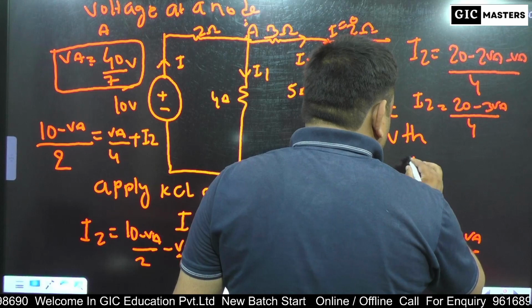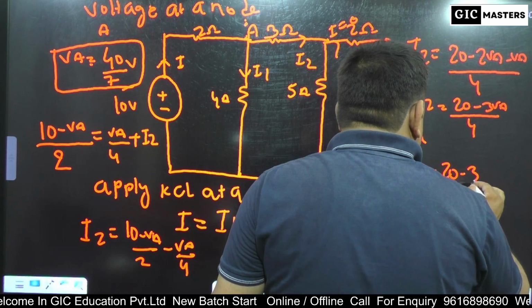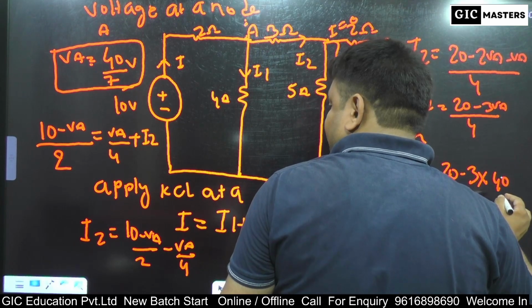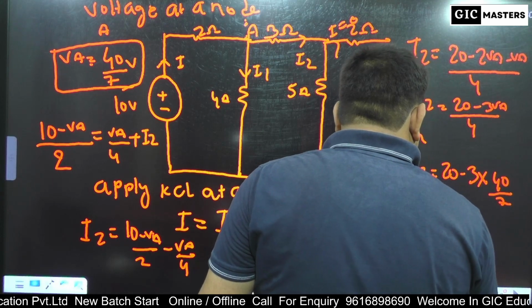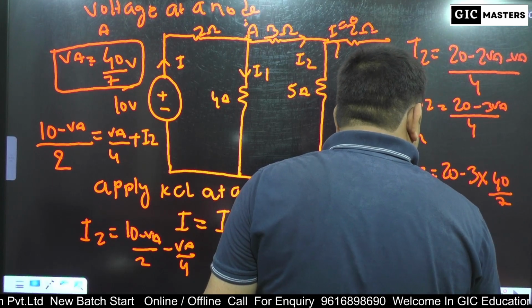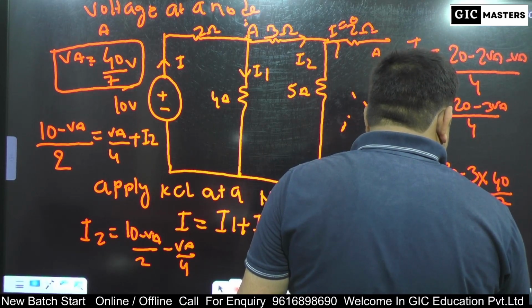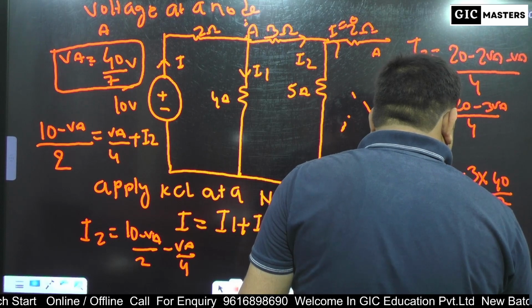So I2 equals (20 minus 3 into 40 by 7) upon 4. So I2 equals (140 minus 120) divided by 4.